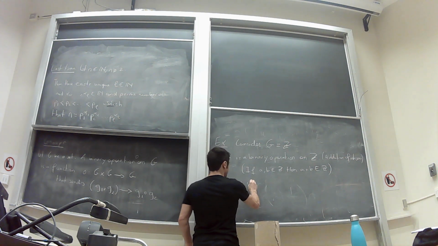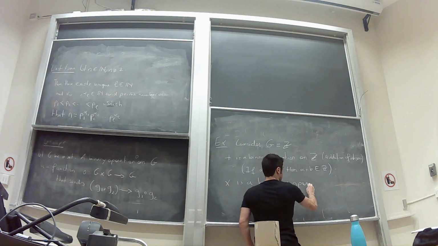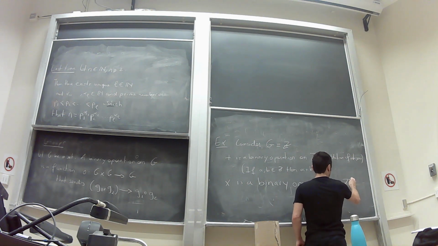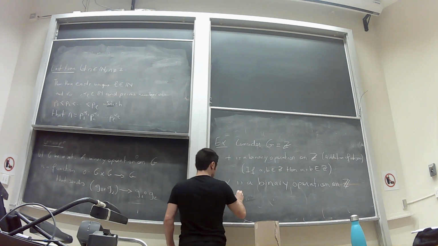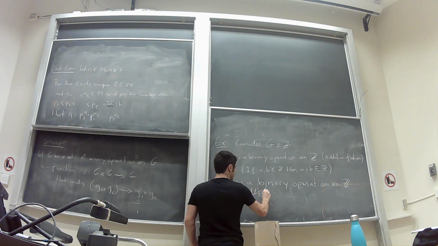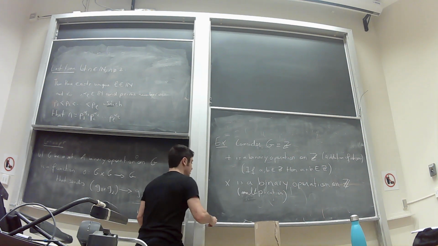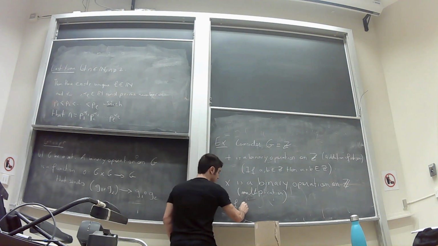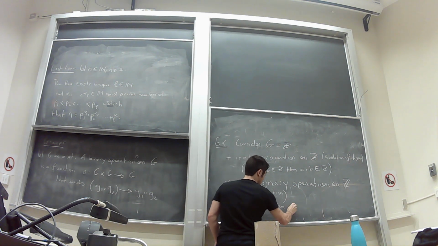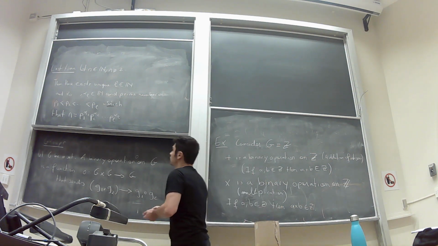It's a binary operation on Z, right? Multiplication. So if A and B are in Z, then A times B is in Z. So far so good.